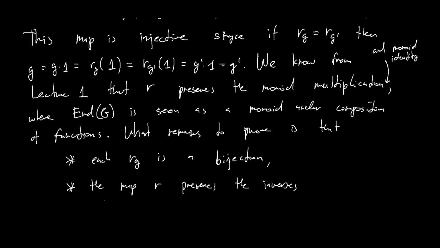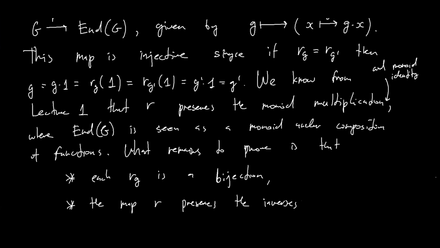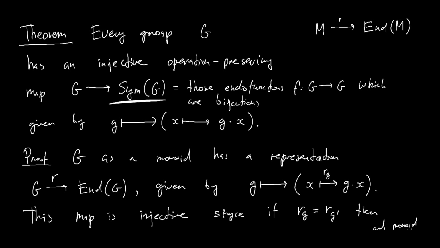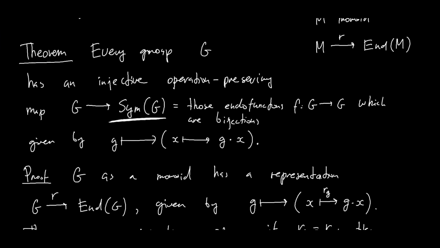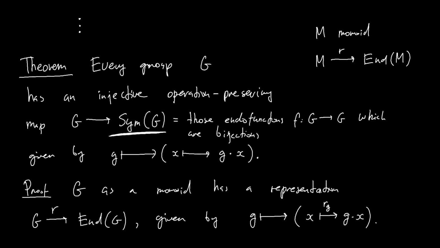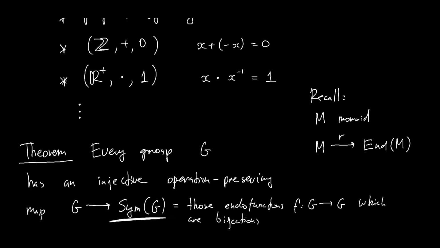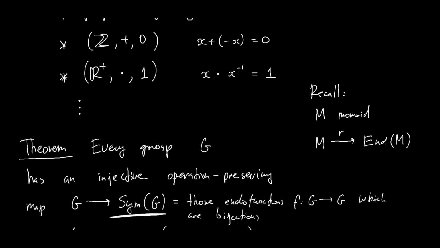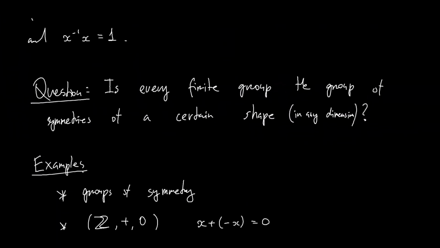And then we would want R to preserve the inverses as well. Why would we want that? Because we said in the theorem that this is an operation preserving map. But by operation, we didn't mean just the operation of multiplication. We also meant the other operation that the group has.